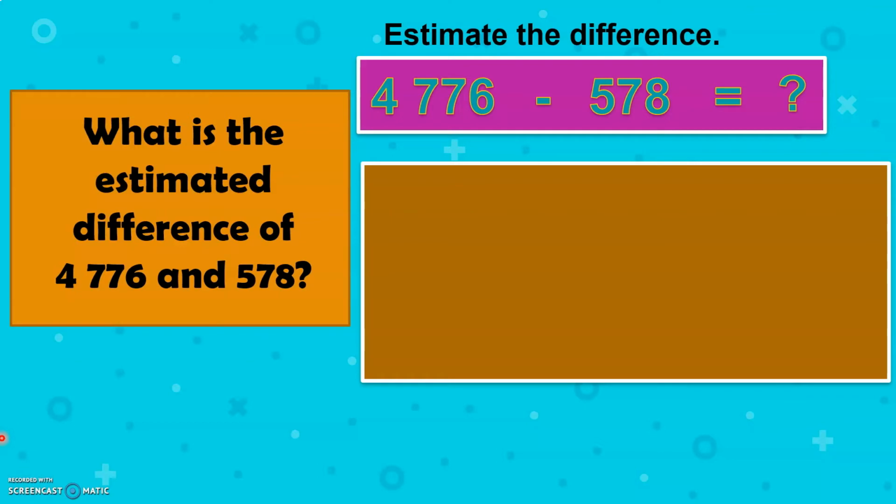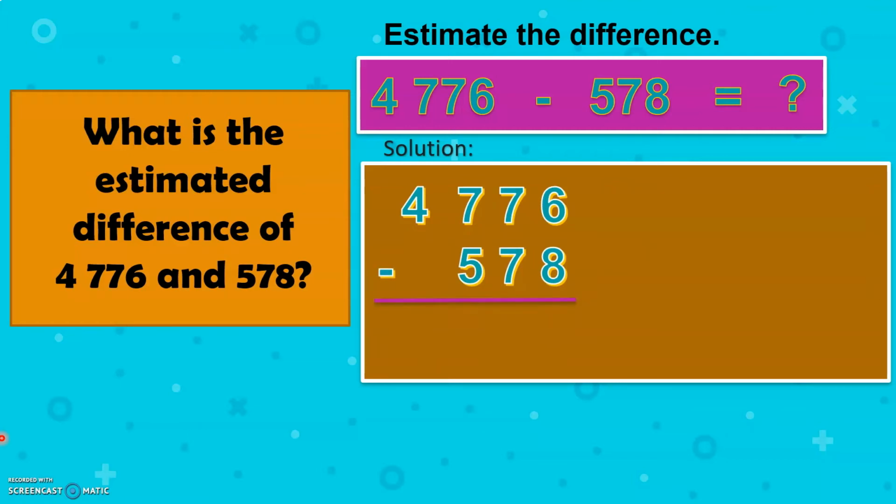So to find the estimated difference, we need to round off the minuend and subtrahend according to the highest place value present in both. And the highest place value present in both is the hundreds place.